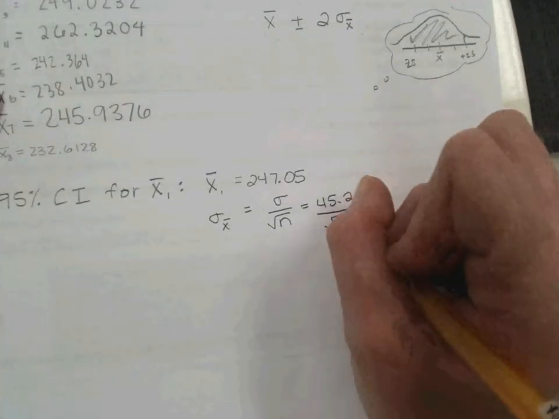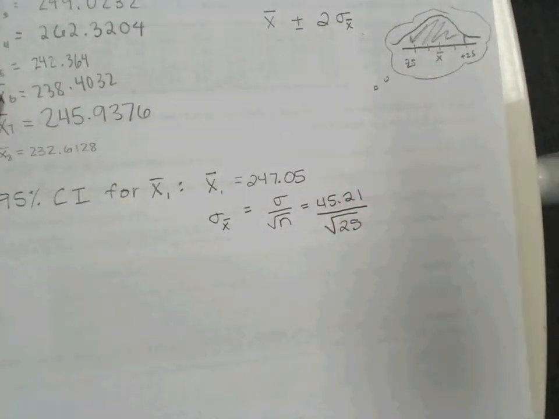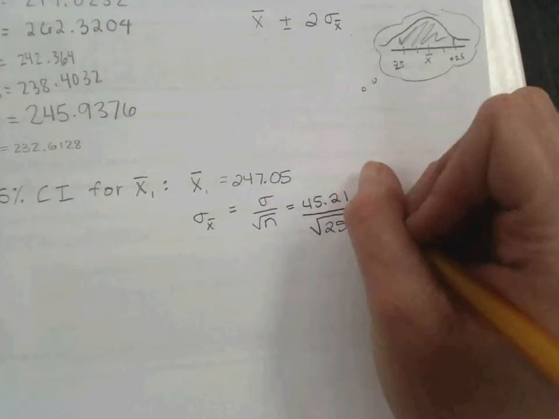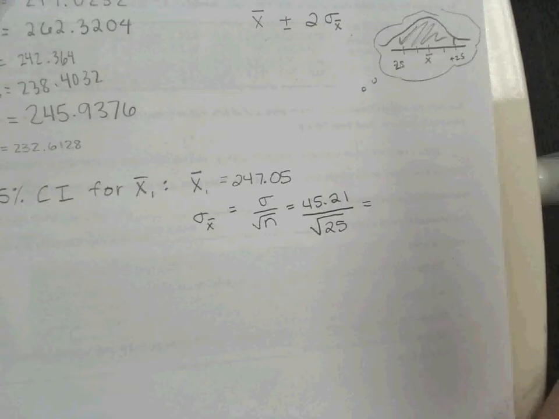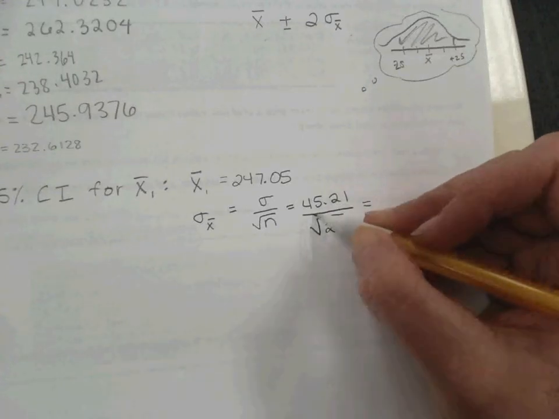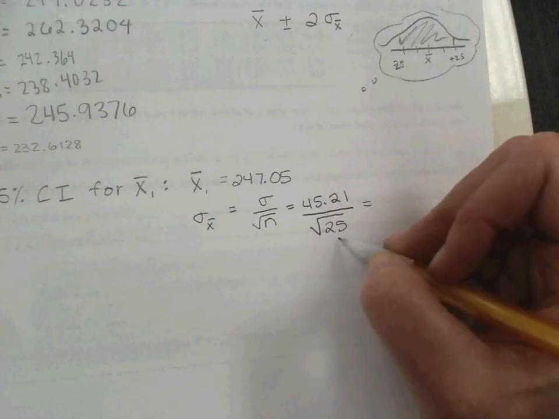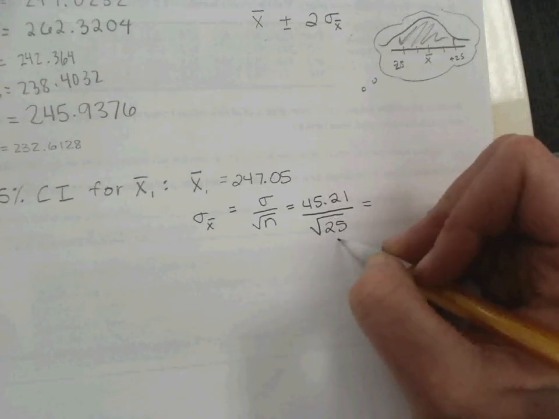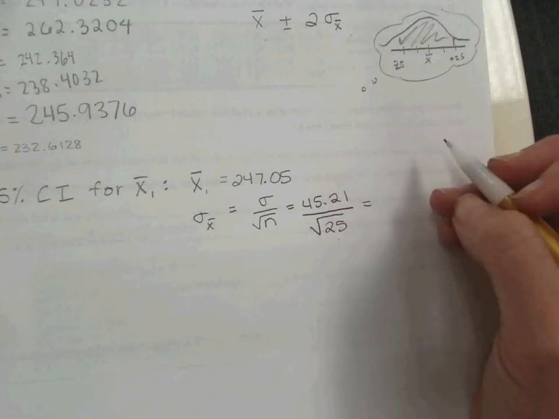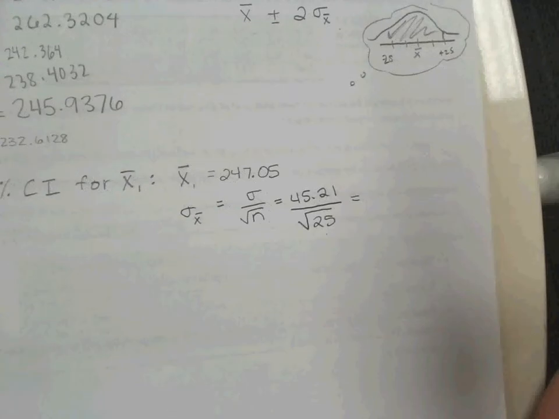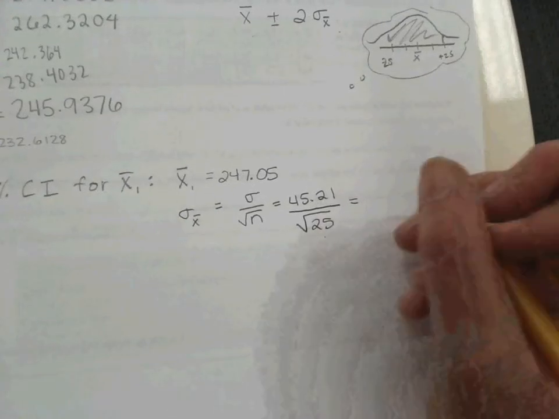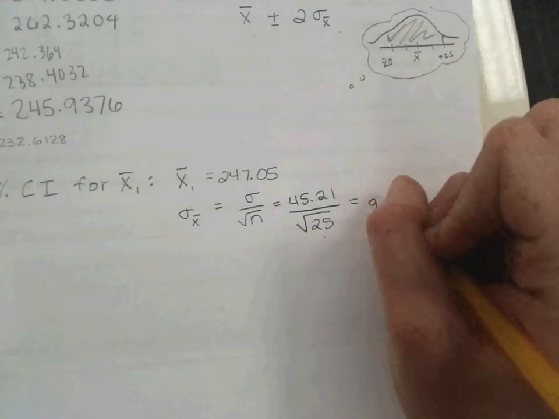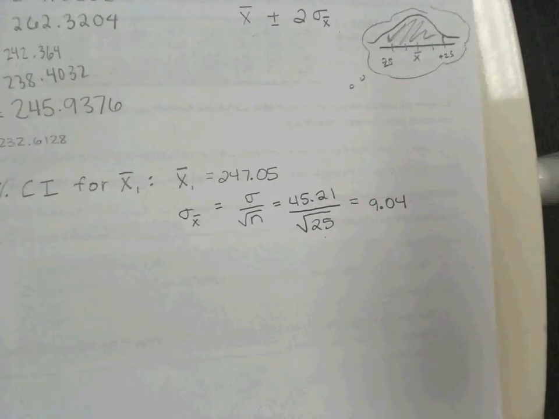That's the number of runners you had in your sample. So sigma sub x bar, if you have a calculator, you're doing 45.21 divided by 5, right? Square root of 25 is 5. I'm going to round it, so 9.04.